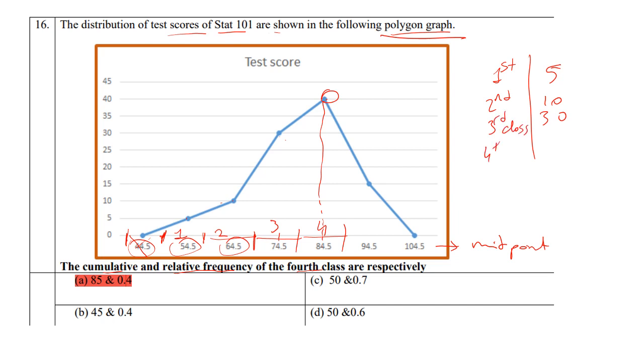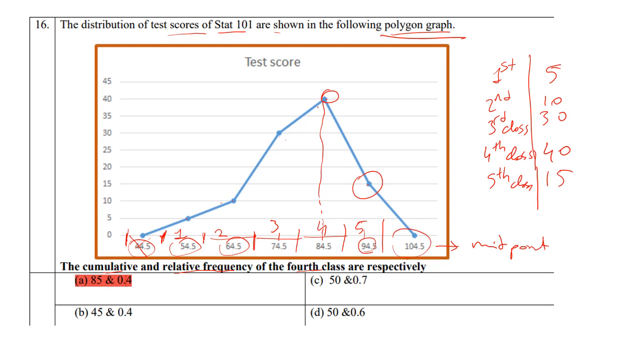The fourth class is 40, and then the fifth class has midpoint here, so it will be 15. And the last one is again 0, so we don't have to write it.